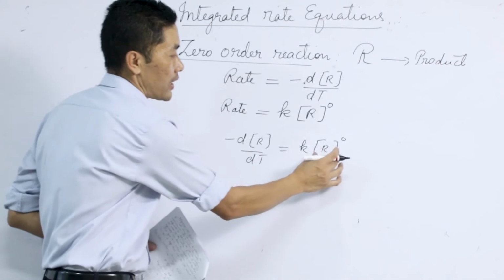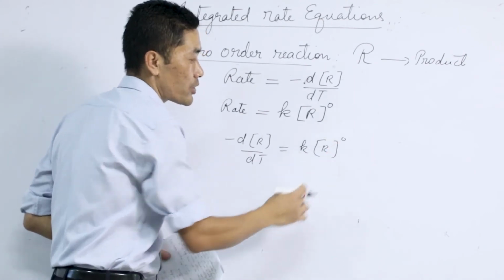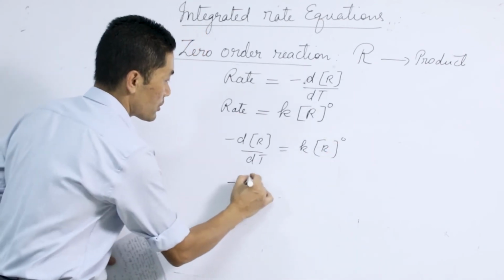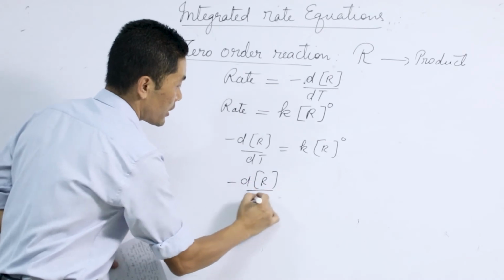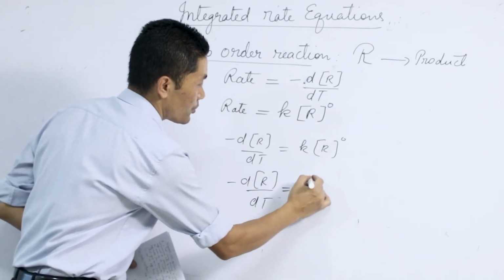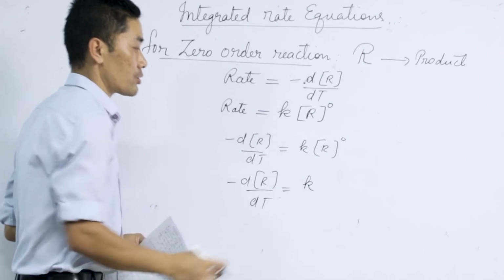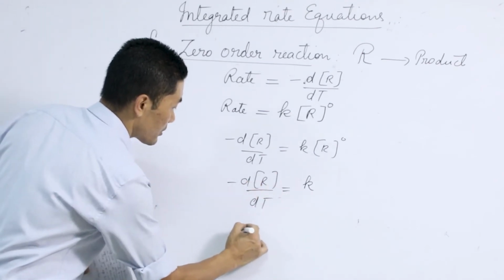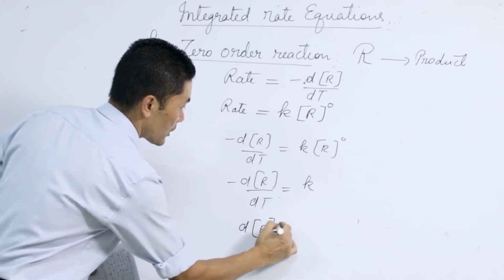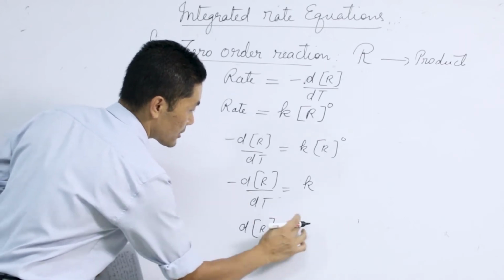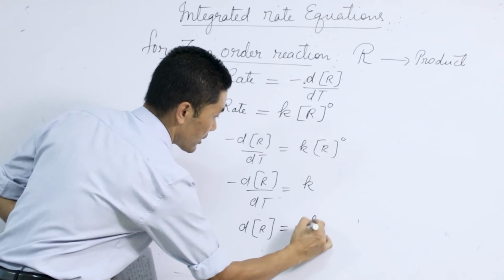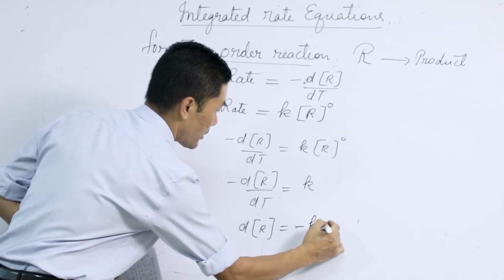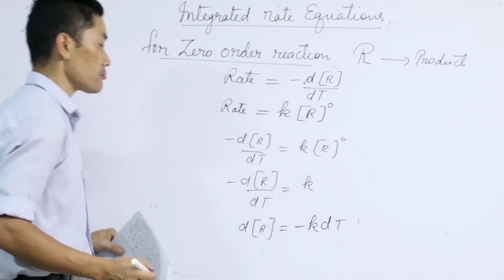But any term raised to power 0 will be equal to 1. So dR by dt will be equal to K only, because this becomes 1. Rearranging this, we can write dR equal to minus K dt.